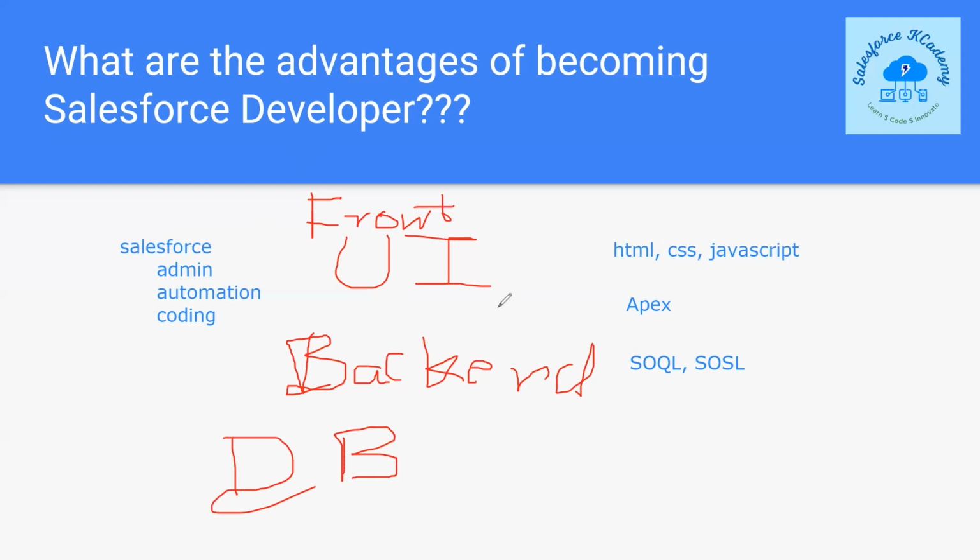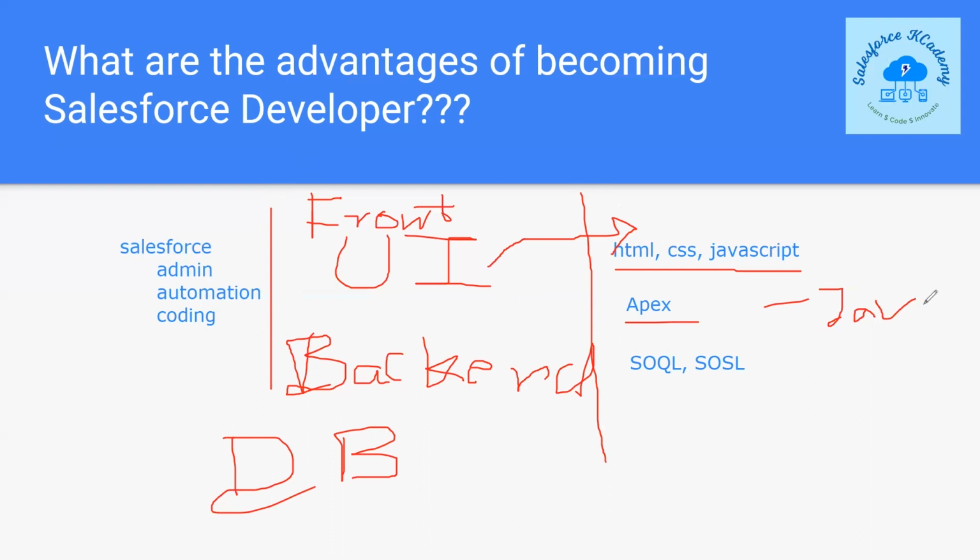Now, as part of this course, to become a Salesforce developer, I will be teaching you HTML, CSS, JavaScript, which are nothing but front-end technologies. We will be teaching Apex, which is mostly similar to Java or C Sharp, mostly Java. So you will be learning Apex, which is a back-end tool.